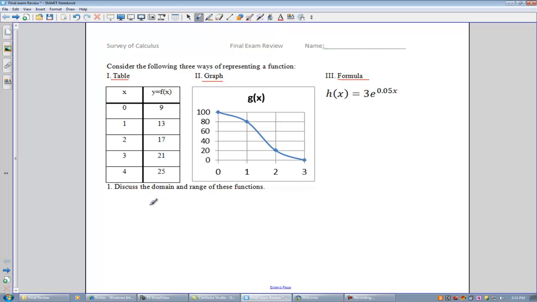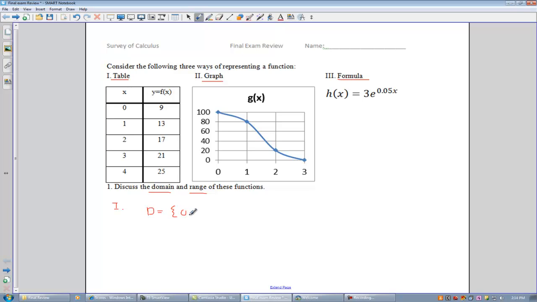So in number one, what we start with is the domain and range of these functions. So remember, the domain is the input, and the range is the output. So for the table, on part one, I would describe the domain, which is the input, and the input is always on the left, and the output always comes on the right. So on the left is my domain, so I describe this as a set of things.